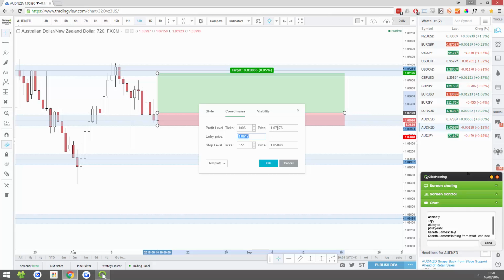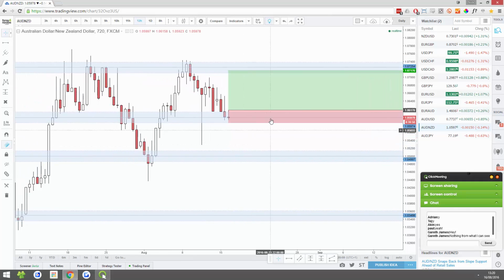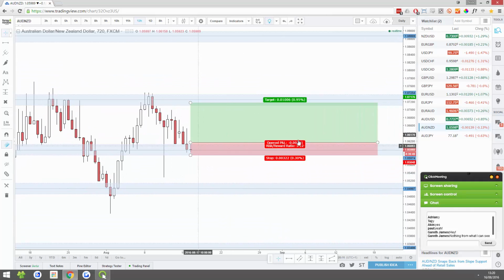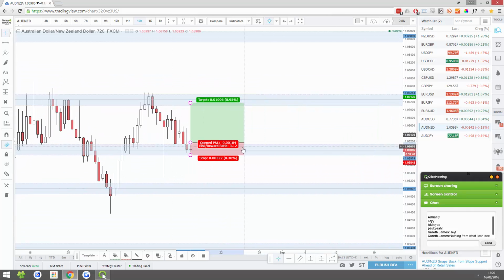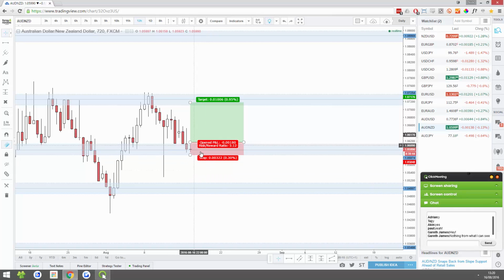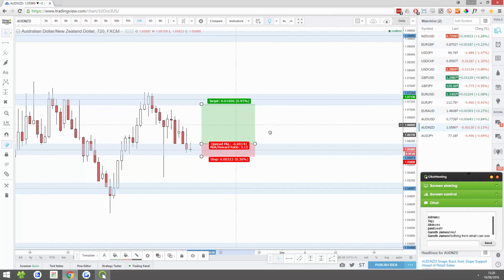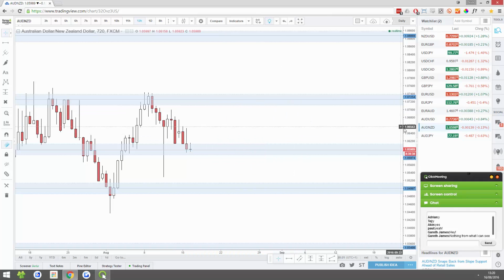My target would be 1.0715 roughly, and my stop would roughly be 1.0585. But keep in mind that the candle hasn't closed yet, so we don't really know what's going to happen. If price is actually going to stall here, this is just a potential setup. It might not turn into anything, but it is definitely something I am going to keep an eye on today.